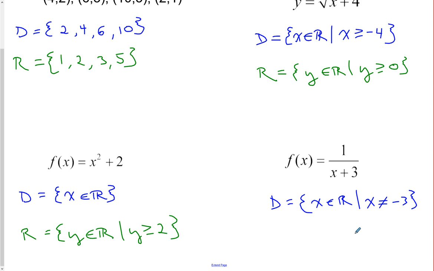Anything is good except for negative 3. You can't plug that in. It doesn't work. For a range, same deal. Y could be anything except y can't be 0. There's nothing there. It's not in the range of our graph.